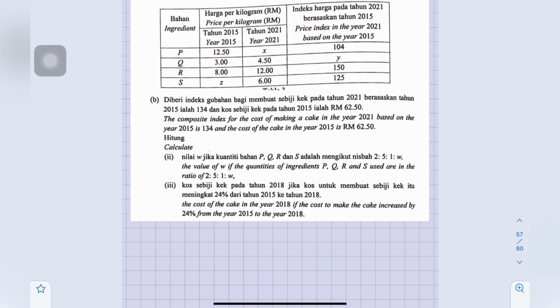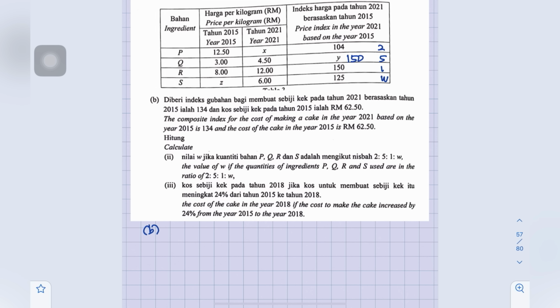B(ii), calculate the value of W if the quantities of ingredients P, Q, R, and S used are in the ratio of 2:5:1:W. So the ratio for all ingredients is 2:5:1:W. The value of Y is 150.